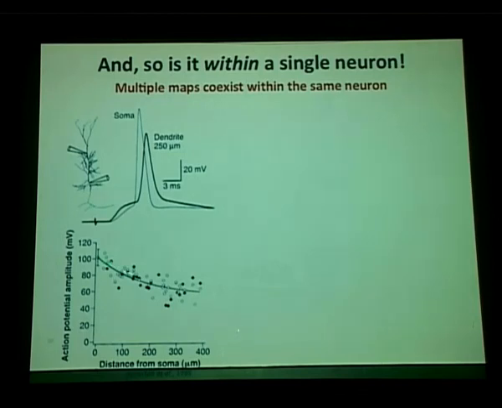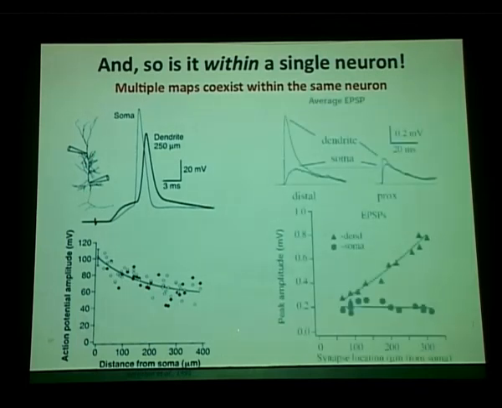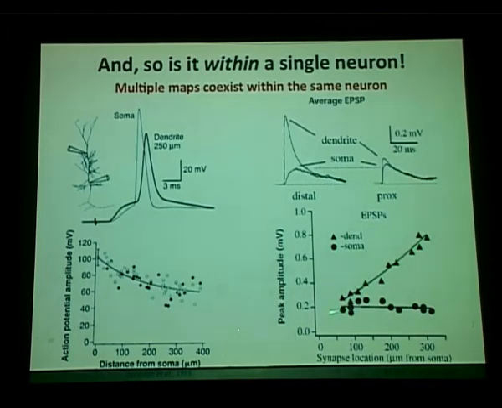So again, if you look at the amplitude of the action potential and map it along this topograph, you could envisage this as a case for a map, right? You also have this neuron which seems to know cable theory in some senses.